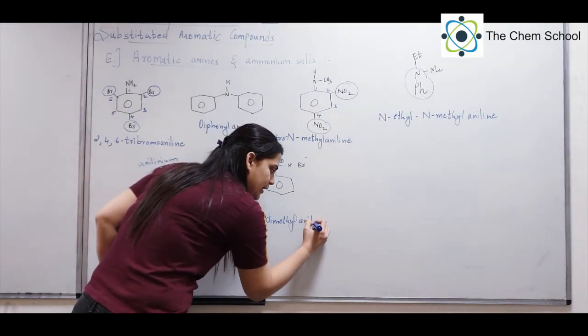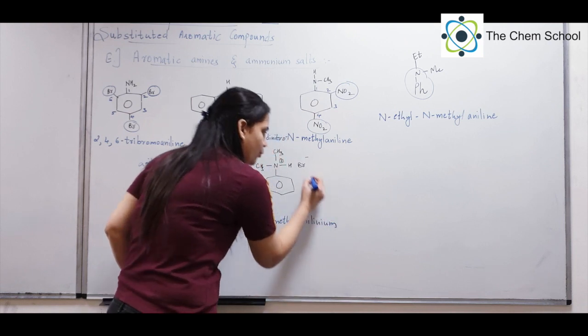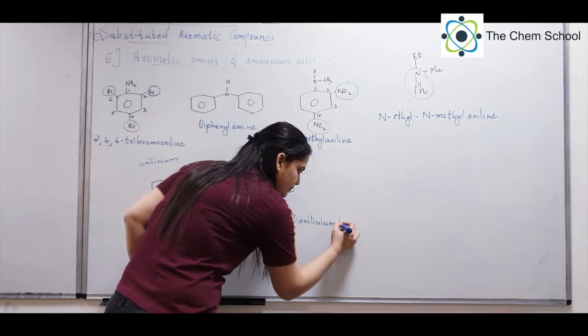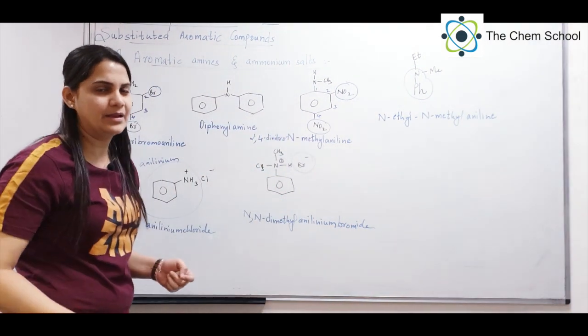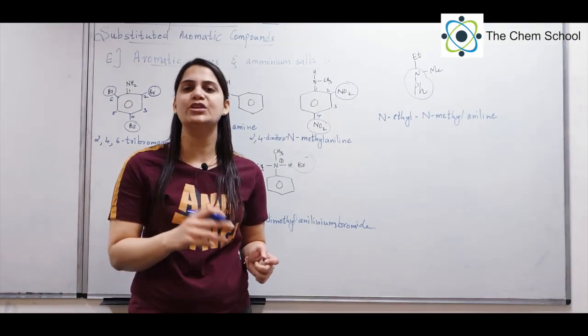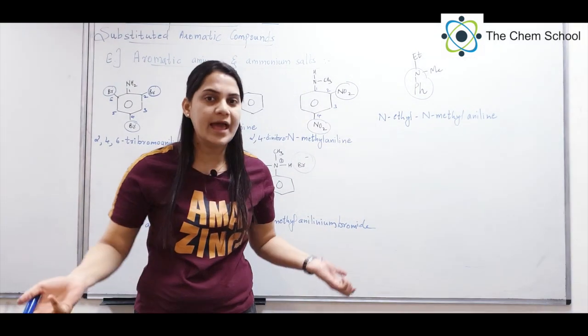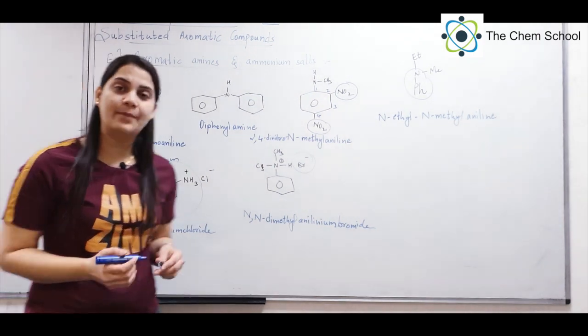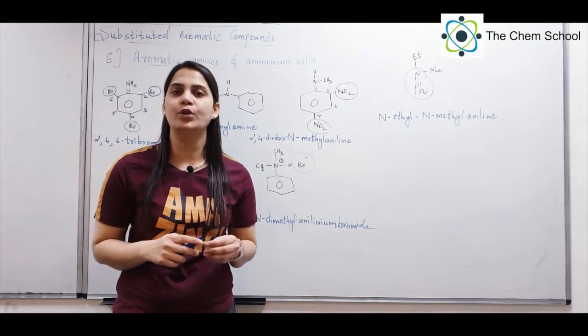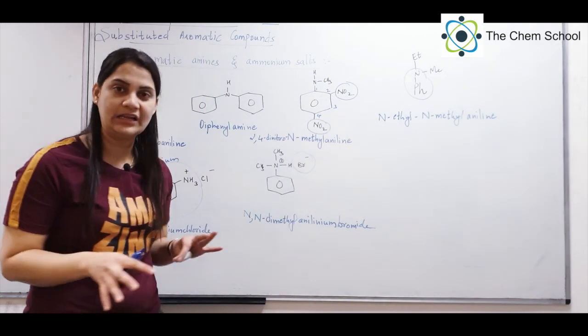So anilinium. And what is your anion? It is bromide. So these are salts. If you have Br minus say bromide, Cl minus say chloride, SO4 2 minus say sulfate, and so on. Fine. So this is how you will write down the name for your aromatic amines and the ammonium salts. I hope this is very clear to all of you.